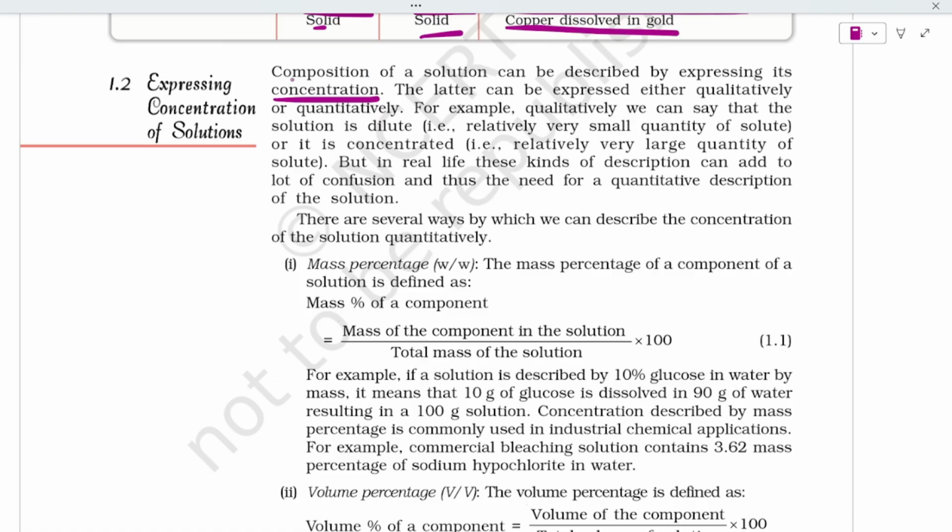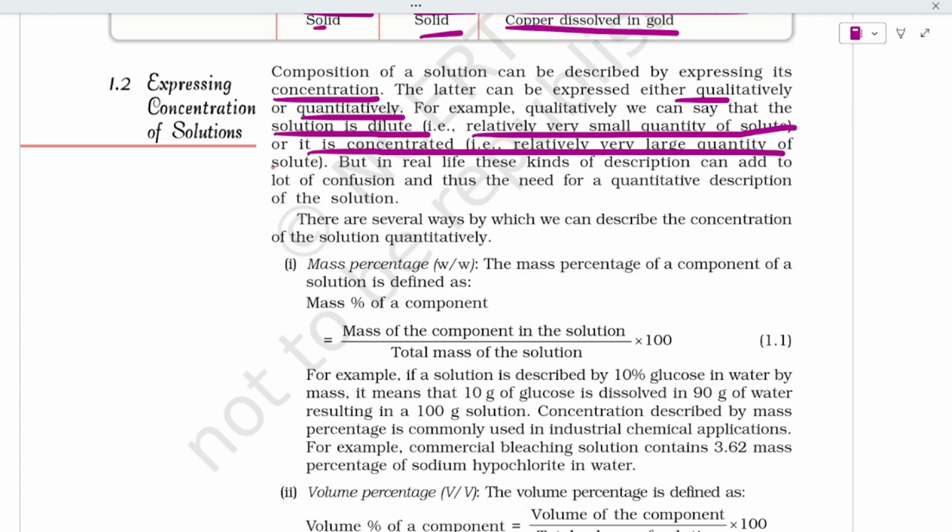The concentration can be expressed either qualitatively or quantitatively. Qualitatively, we say the solution is dilute, that is, it has a relatively very small quantity of solute, or it is concentrated, that is, it has a very large quantity of solute. For this you can take the example of a salt or sugar solution.